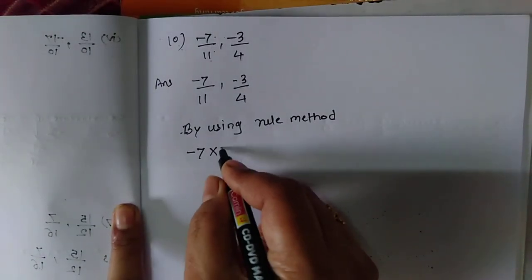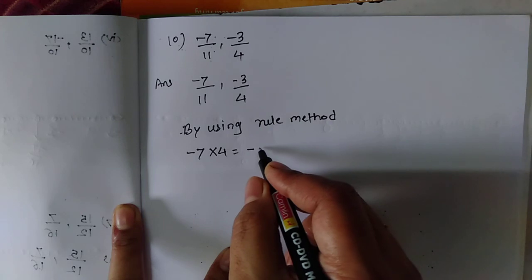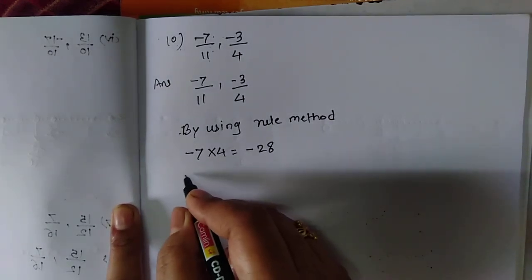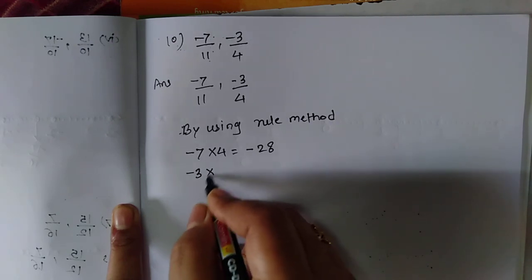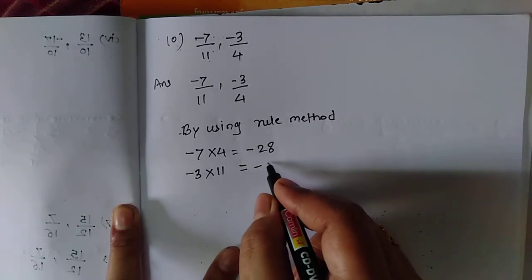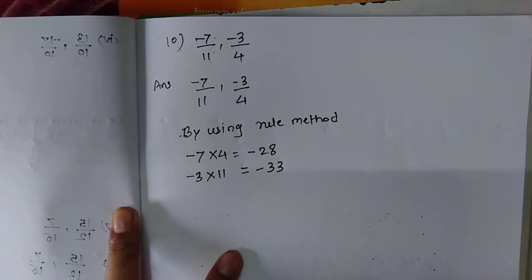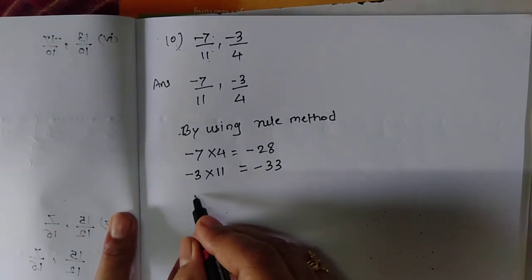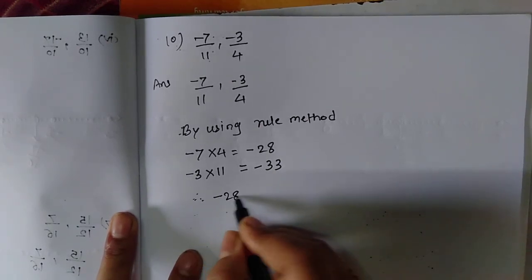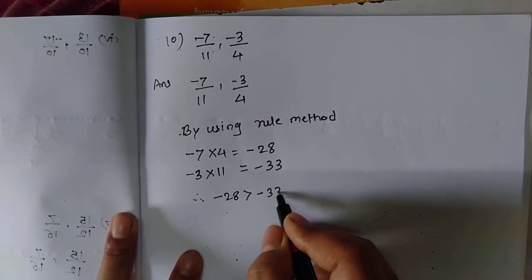Minus 7 multiplied by 4 is equal to minus 28, and minus 3 multiplied by 11 is equal to minus 33. So from these two numbers we can say that minus 28 is greater than minus 33.